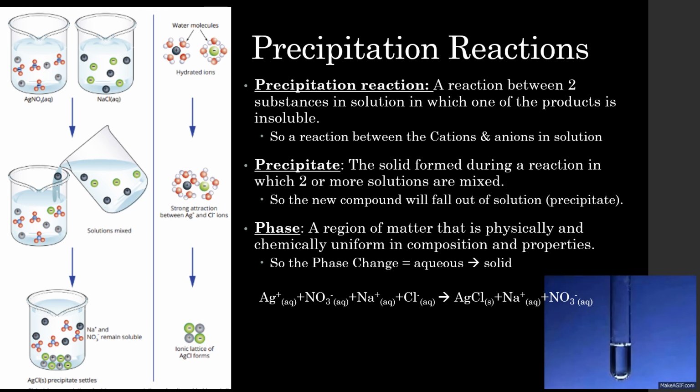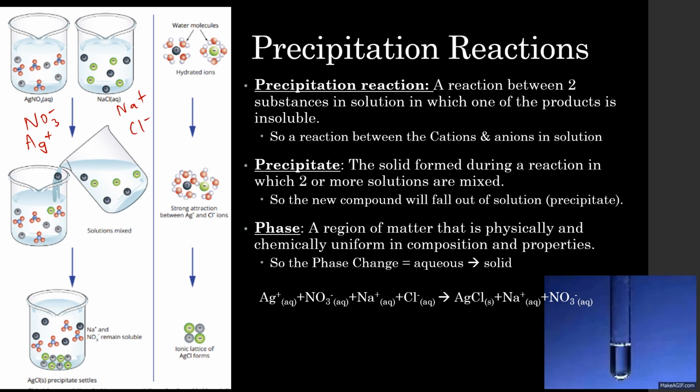Now nitrate, remember, is a polyatomic ion, so that means it's made up of more than one atom. It's made up of 4 atoms. It's NO3-. So in the silver solution, we've got silver cations and nitrate anions. In the sodium chloride solution, we've got sodium cations and chloride anions.